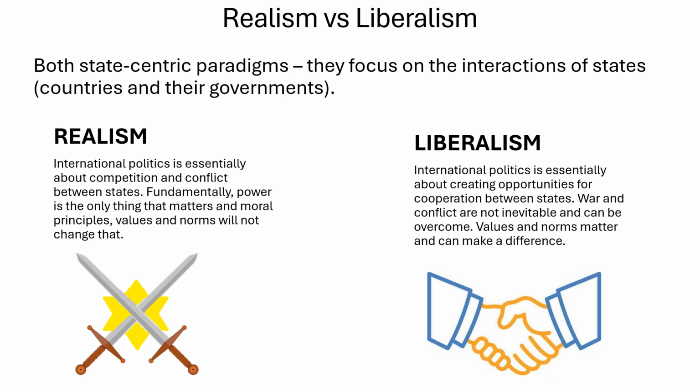So liberals tend to focus much more on opportunities for cooperation and on the prospects for building international institutions, building a rules-based international order. So again, the debate between these two perspectives has tended to dominate IR for much of its history. But again, both these traditional paradigms are focusing ultimately on states and their interactions.